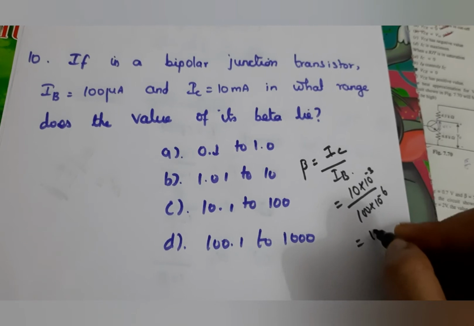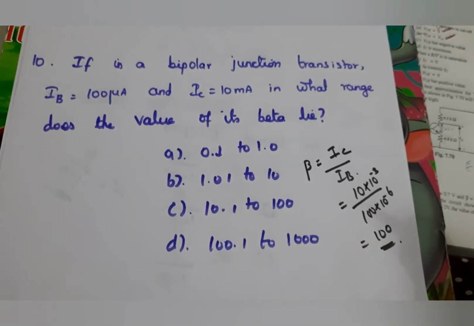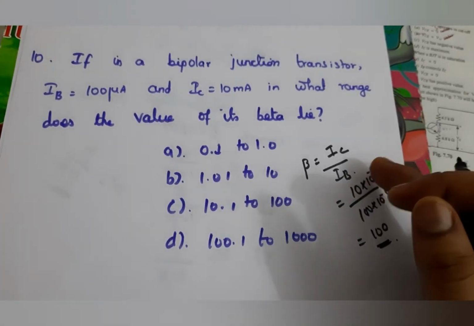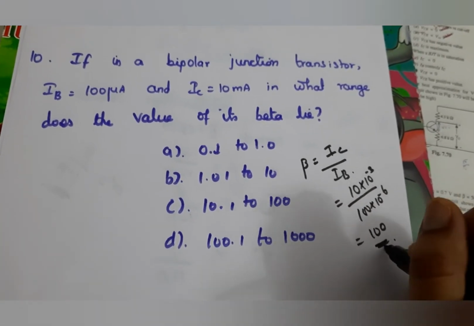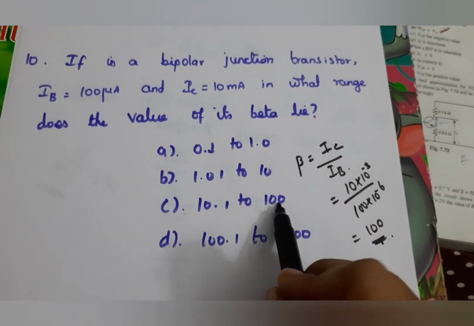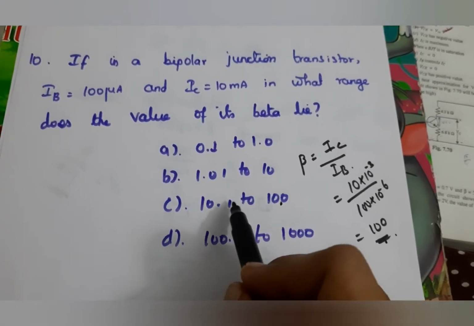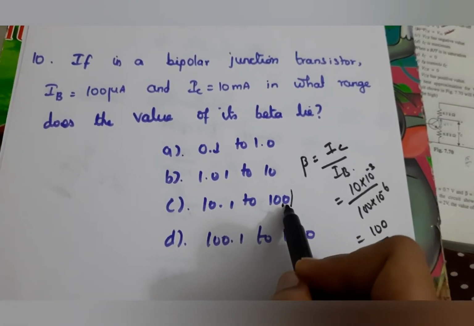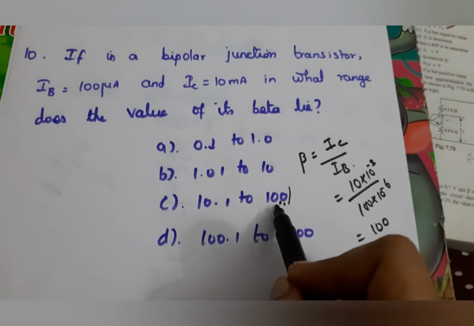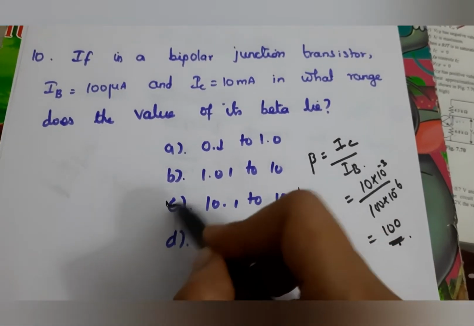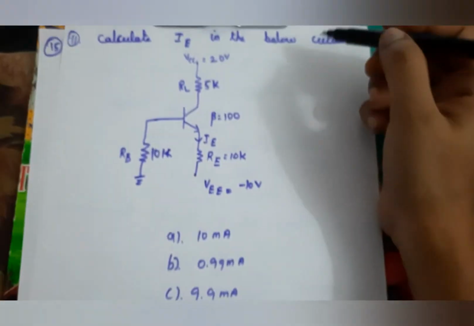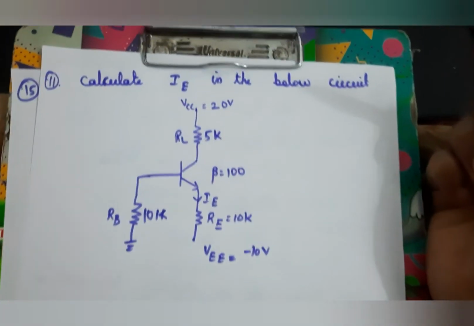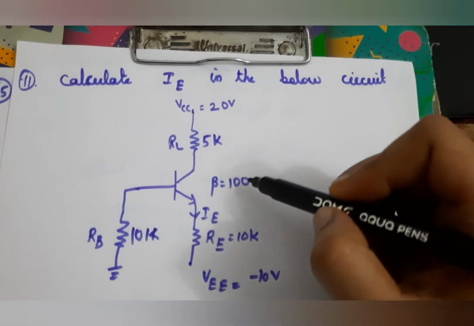Solving this we will get 100. So the maximum here is 100, and the range is 10 to 100. So the answer here is C, 10.1 to 100. C is the answer.